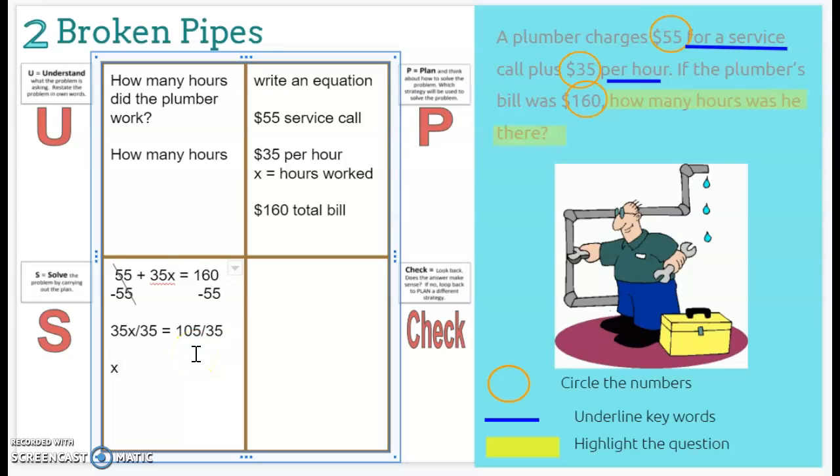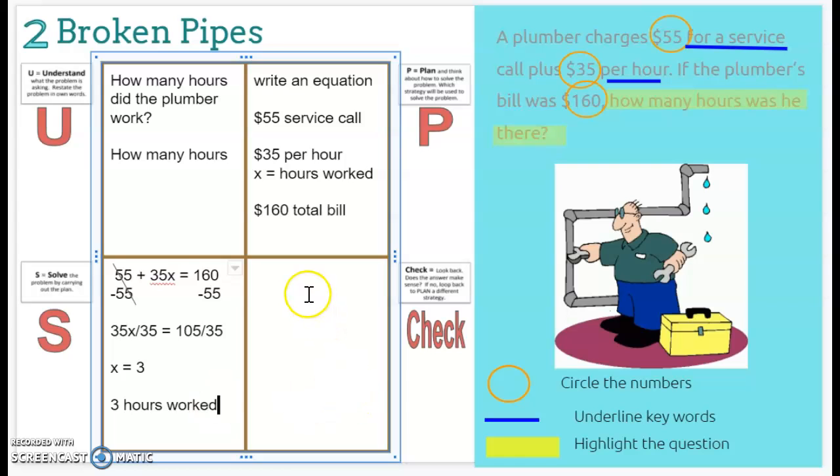Because 35 divided by 35 equals 1. And 1x is just an x. And then I take my 105 and I divide it by 35, and that gives me 3 because I put that in my calculator right there and it worked out really nice. So that's 3 hours worked.